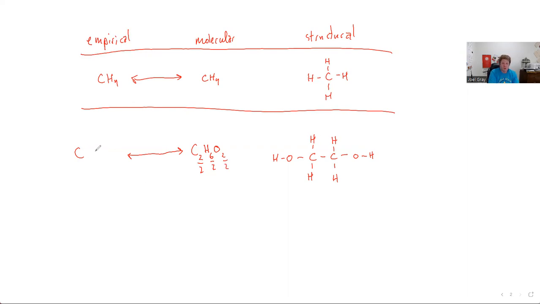You just move on to the next atom, because simply by writing the symbol for that atom, you show that there's 1. Hydrogen, well, H6 divided by 2 is going to be 3. What about oxygen? There's 2 oxygens, and 2 divided by 2 is going to be 1. So CH3O is our empirical formula for this compound right here.